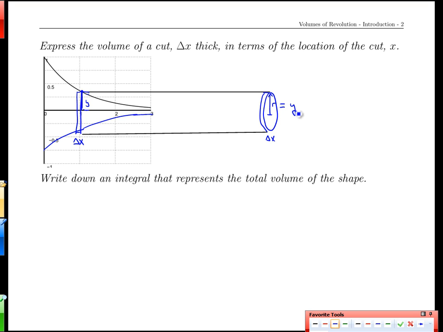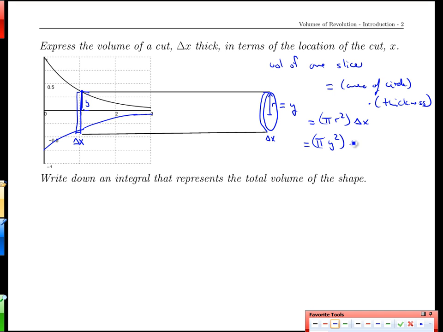So the volume of one slice equals the area of the circle times the thickness. The area of the circle is pi r squared, the thickness is delta x, and the radius is given by the y coordinate, so we can call that pi y squared times delta x.